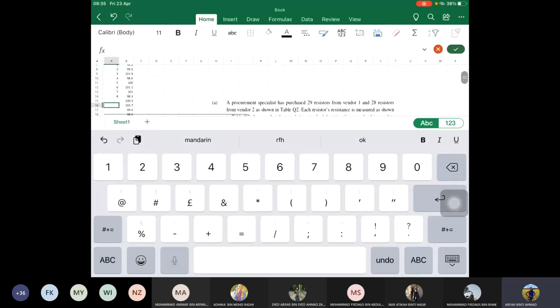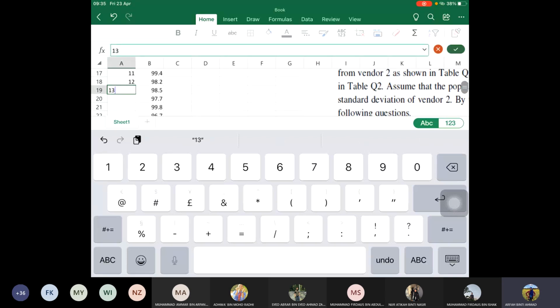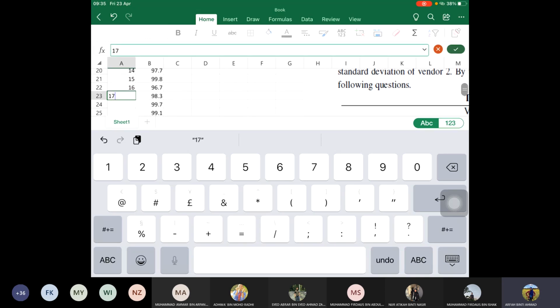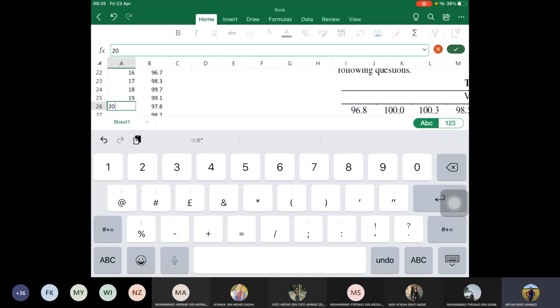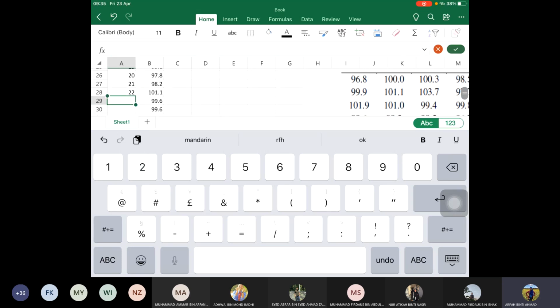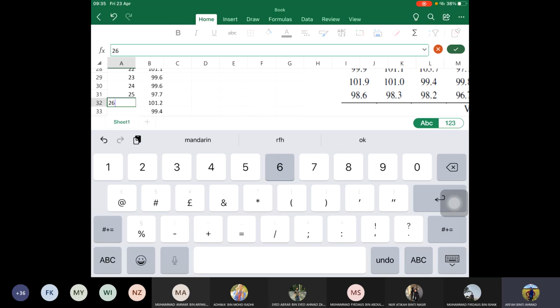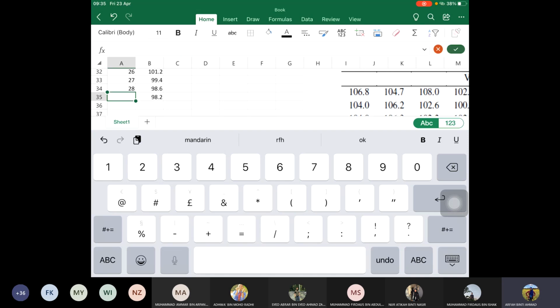Or still do the key in? Okay, betul. 29 data. Saya dah key in data saya.